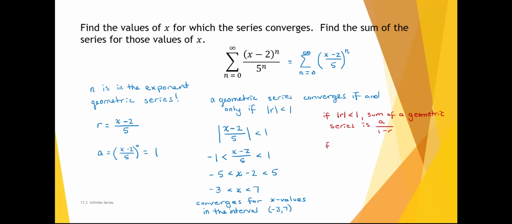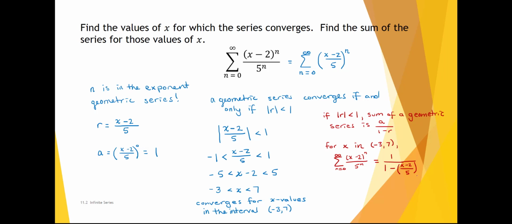For our problem, as long as x is in the interval from -3 to 7, our series, the sum n equals 0 to infinity, x minus 2 to the n divided by 5 to the n, converges or equals the formula a over 1 minus r. Well, a is 1, and then we have 1 minus x minus 2 divided by 5.